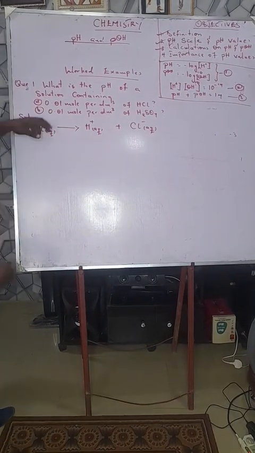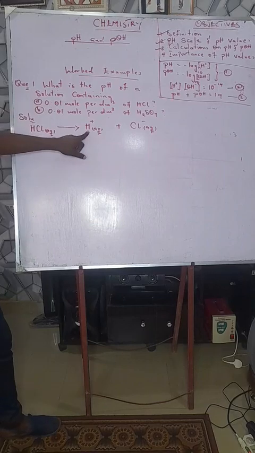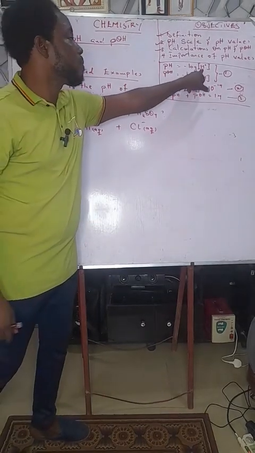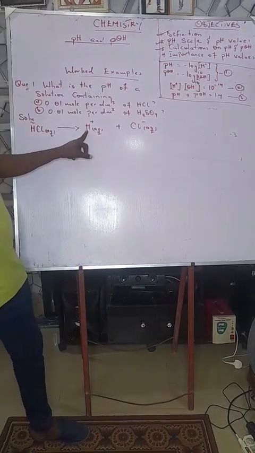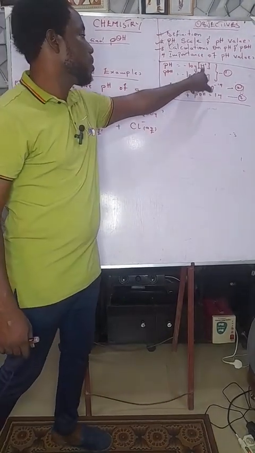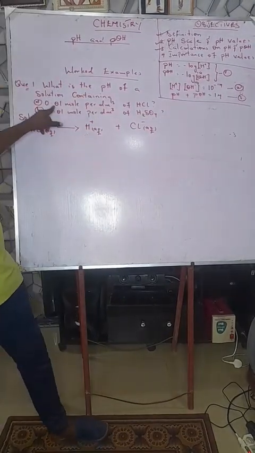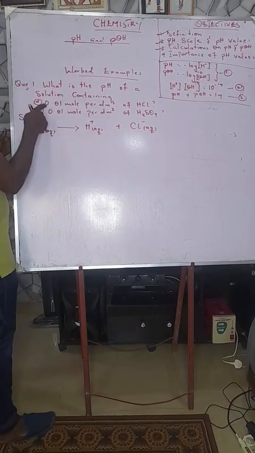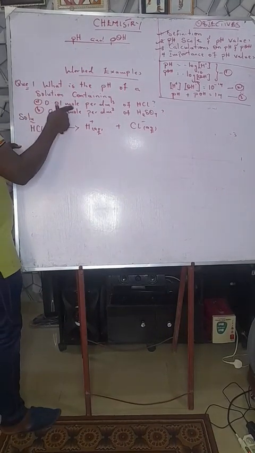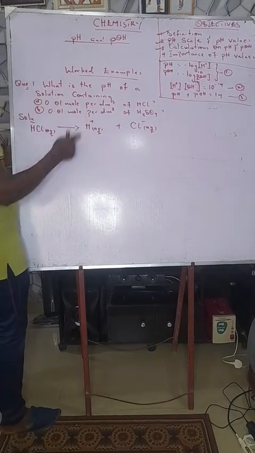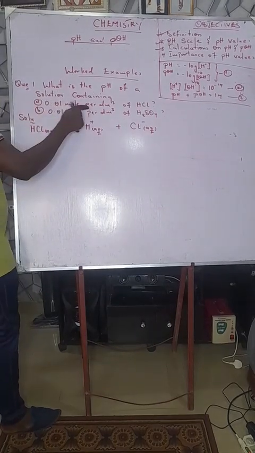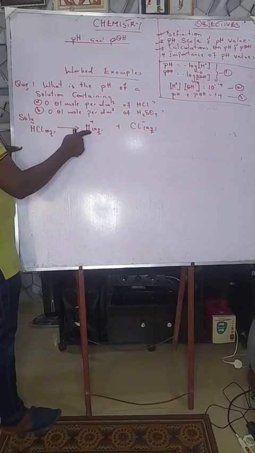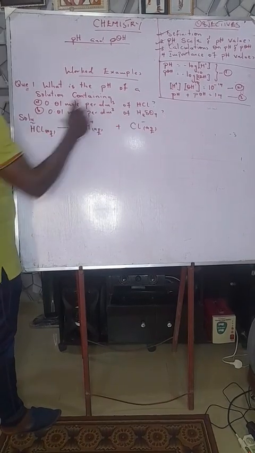Now, look at the H plus we are looking for from this equation. They gave us the value. They said, what is the pH of a solution containing 0.01 mole per dm³ of HCl. They did not say 0.01 mole per dm³ of H plus, but they call it HCl.